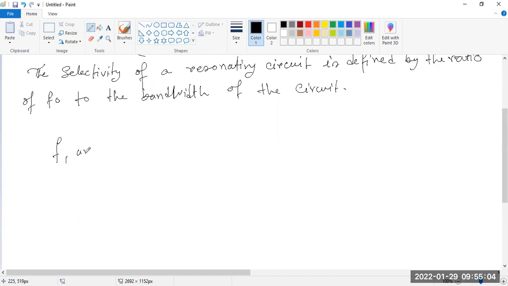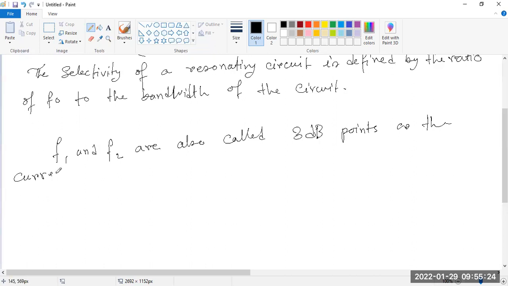And F1 and F2 are also called 3 dB points, as the current ratio I1 by I0. So what is the dB?